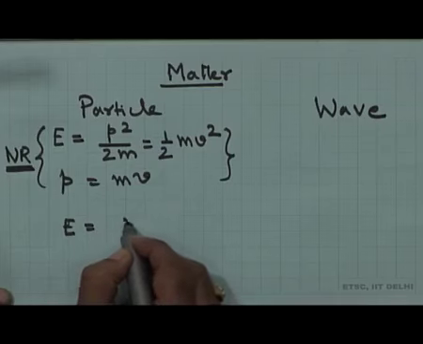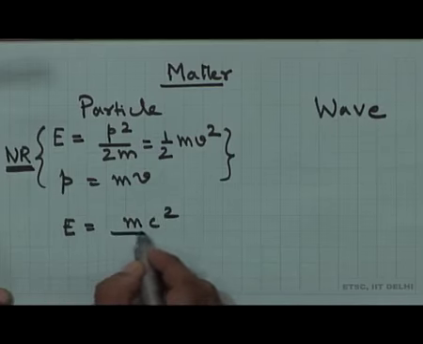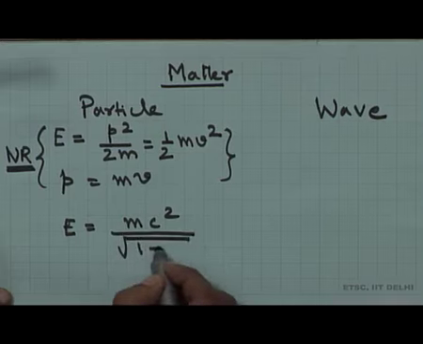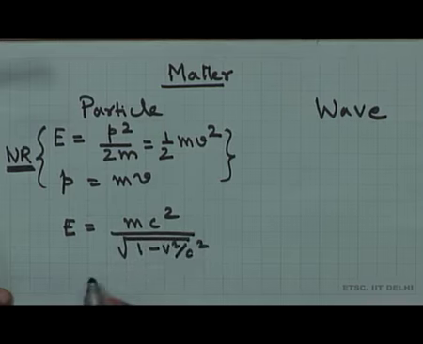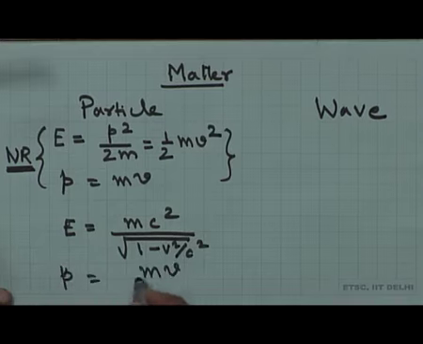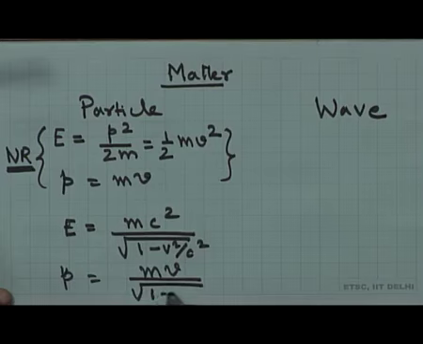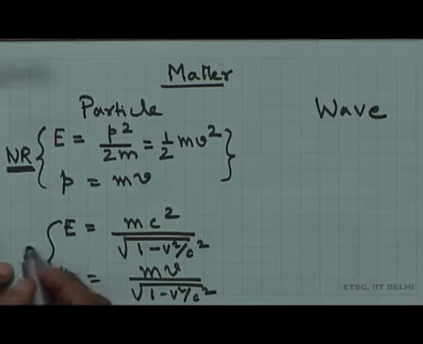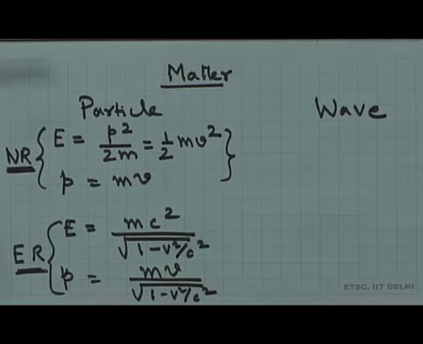So, there I would write E equal to mc squared over root of 1 minus v squared by c squared, and p is equal to mv over root of 1 minus v squared by c squared. These are the expressions, and this I will call ER, coming from Einstein's relativity. So, these are the Einstein relations, these are the Newtonian relations.